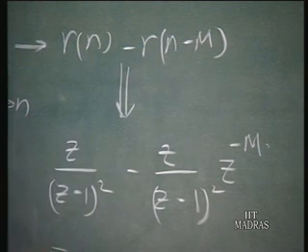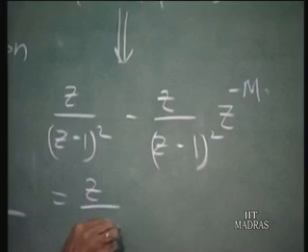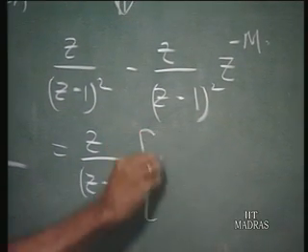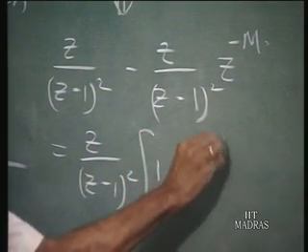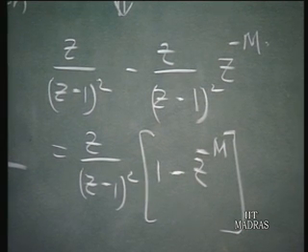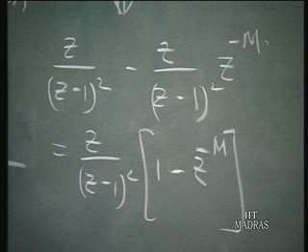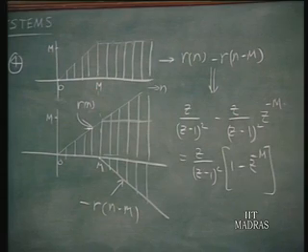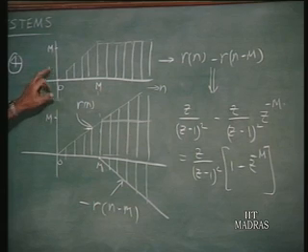So this can be put, of course, as z upon z minus 1 whole squared into 1 minus z power minus m. That is how we can use the rule for the z transforms of delayed time functions to find out the z transforms of discrete time functions of the type that is sketched here.